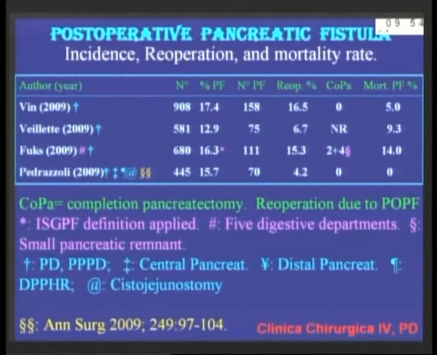All the others I included were unable to apply ISGPF criteria. The reoperation rate, as you can see, varies also between 4.2 and 16.5. The completion pancreatectomy also is 0, not reported, or 6, and the mortality varies from 0 in our series to 14%.